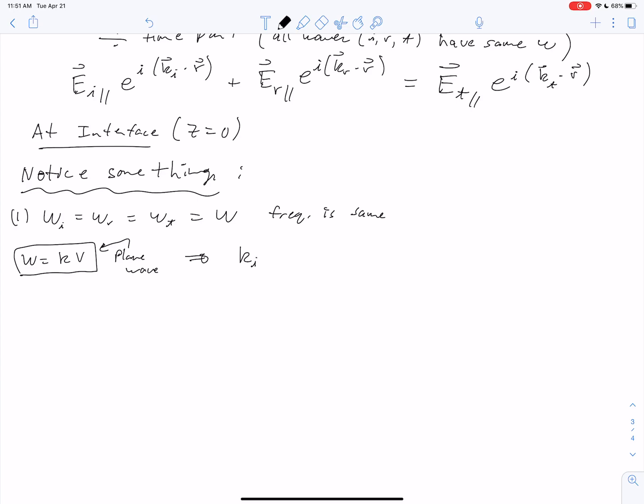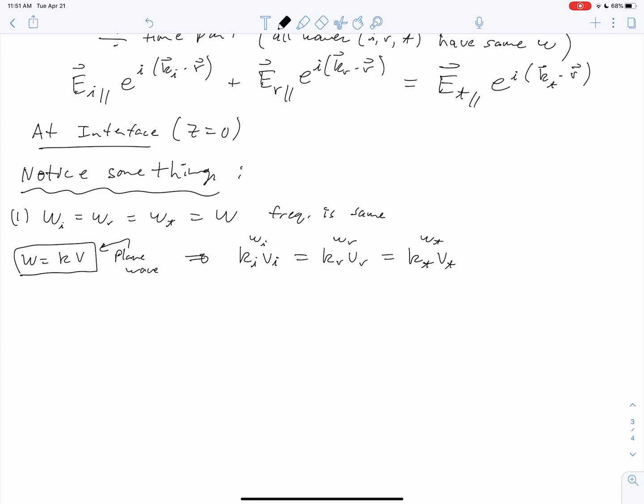Ki Vi equals Kr Vr equals Kt Vt, because this is just omega incident, and this is just omega reflected, and this is just omega transmitted.